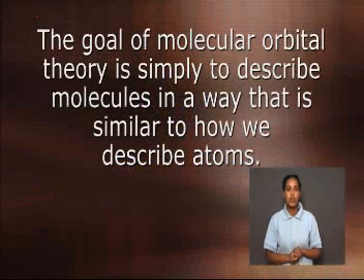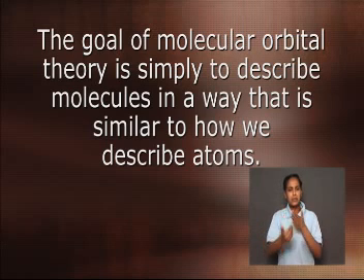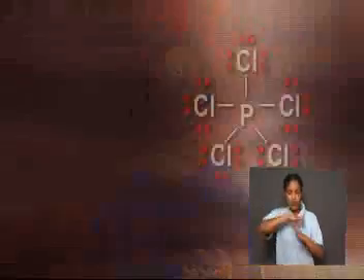The goal of molecular orbital theory is simply to describe molecules in a way that is similar to how we describe atoms. Molecular orbital theory attempts to describe molecules in terms of orbitals, orbital diagrams, and electron configurations.